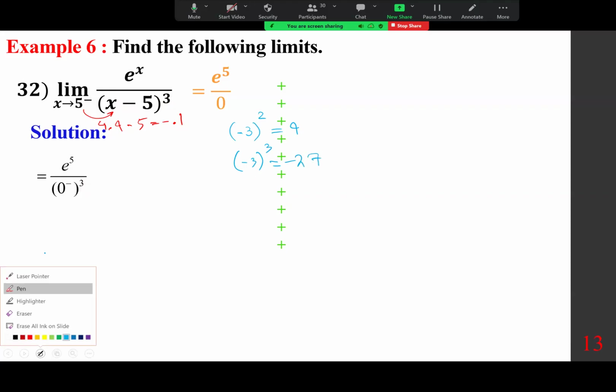So the bottom line is, because this is odd, the bottom is 0 from the left, and this is infinity. 0 from the left makes a negative, so it's negative infinity.